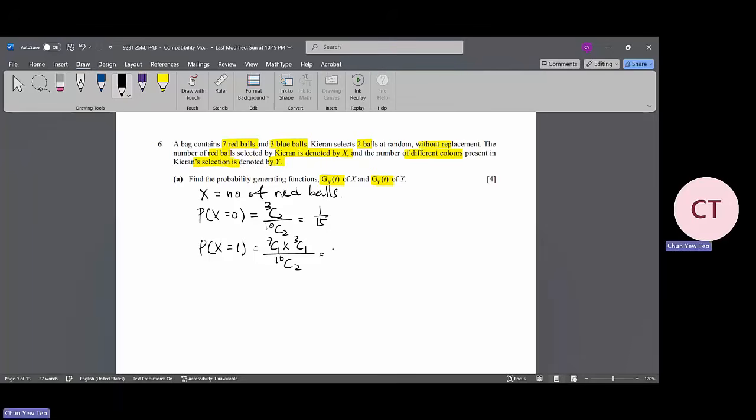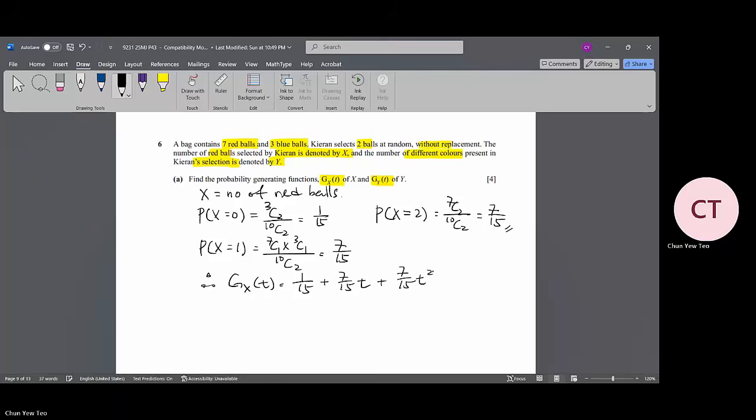Then you will get 7 over 15. And X equals 2 will be 7C2 divided by 10C2. Then you will get 7 over 15 as well. Okay. So therefore, the PGF for X is 1 over 15 plus 7 over 15 t plus 7 over 15 t squared. So this is the answer for number 6A.